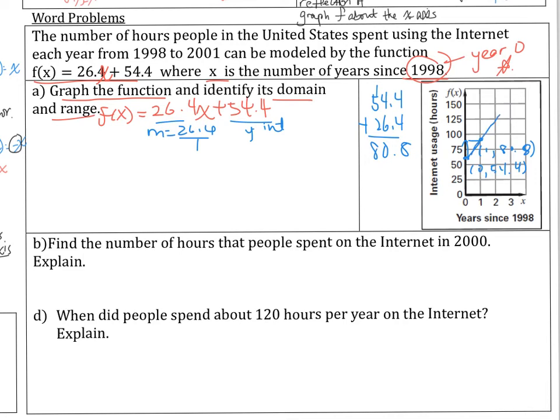But I need to stop at 3 because it's only from 1998 to 2001. Okay, and then I need to figure out what's my y value. So I need to substitute in 3 for x.